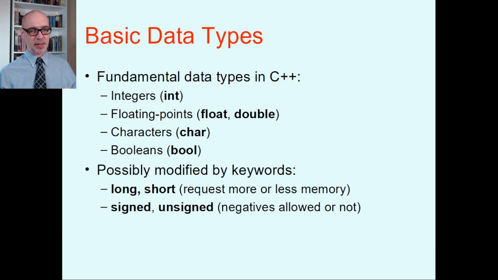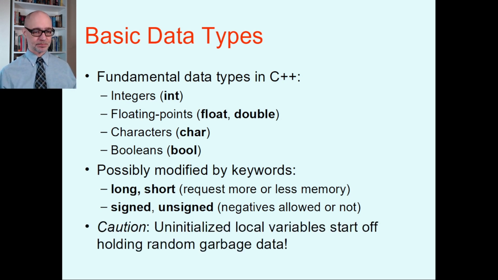Signed is requesting a type that can store both positives and negatives, right, including the sign. Unsigned means you don't care about negatives and you're going to use the entire space just for positives and zeros. By default, things are signed. So if you just ask for an int, ask for a char, by default they're signed. You don't really have to say that. But if you want them to be unsigned, to not worry about the negatives, you have to write that down.